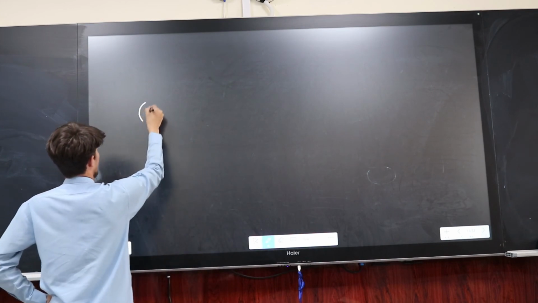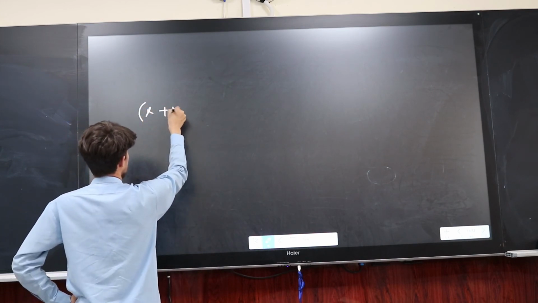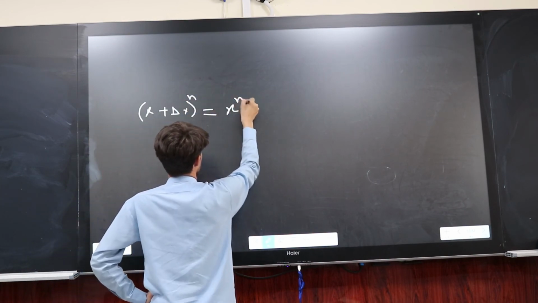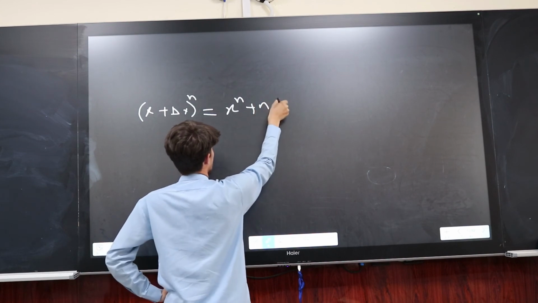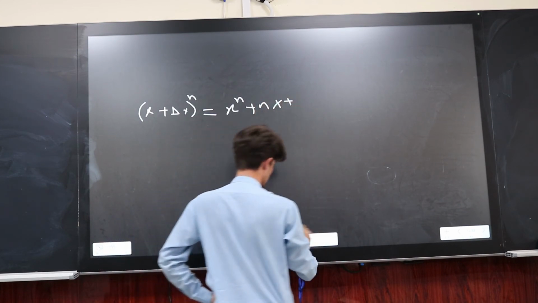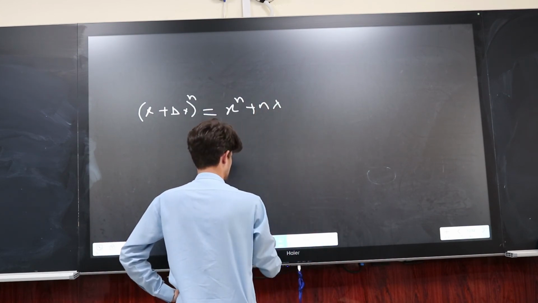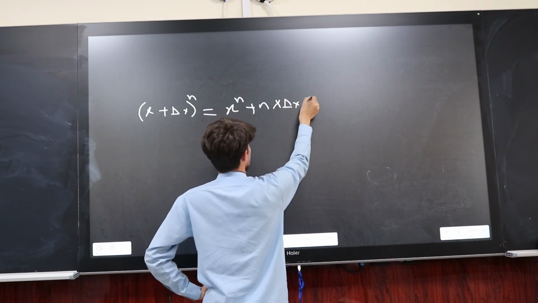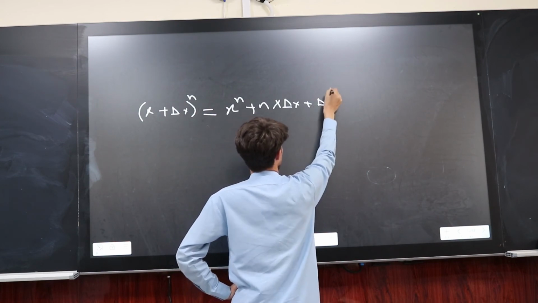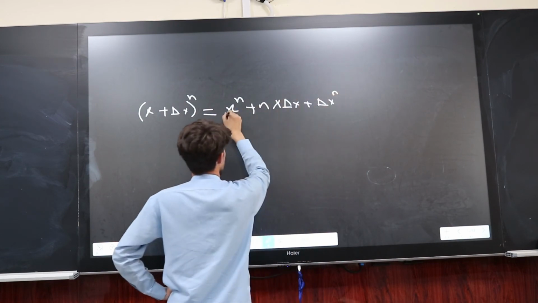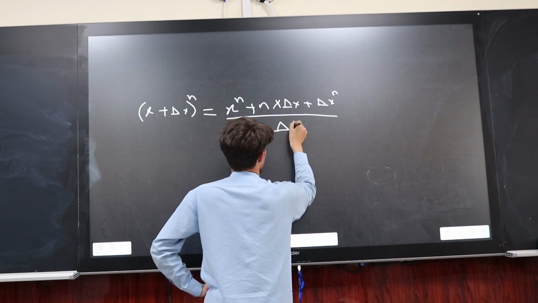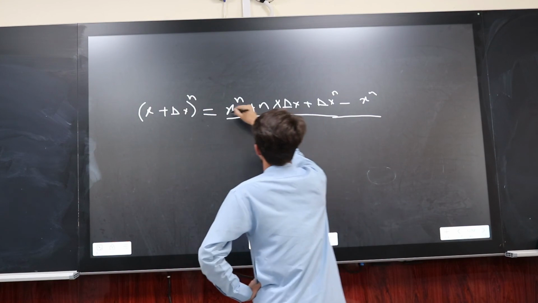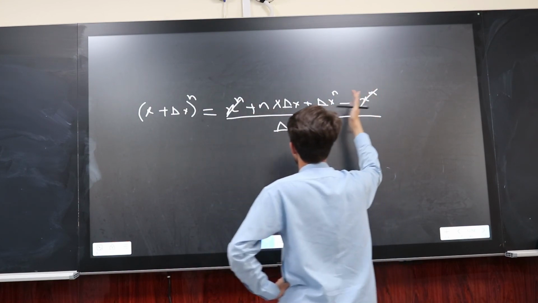We have x plus delta x, and we have this rule: x to the power of n plus n multiply x delta x plus delta x to the power of n, over delta x, and we have minus x to the power of n. So we can cancel these two.